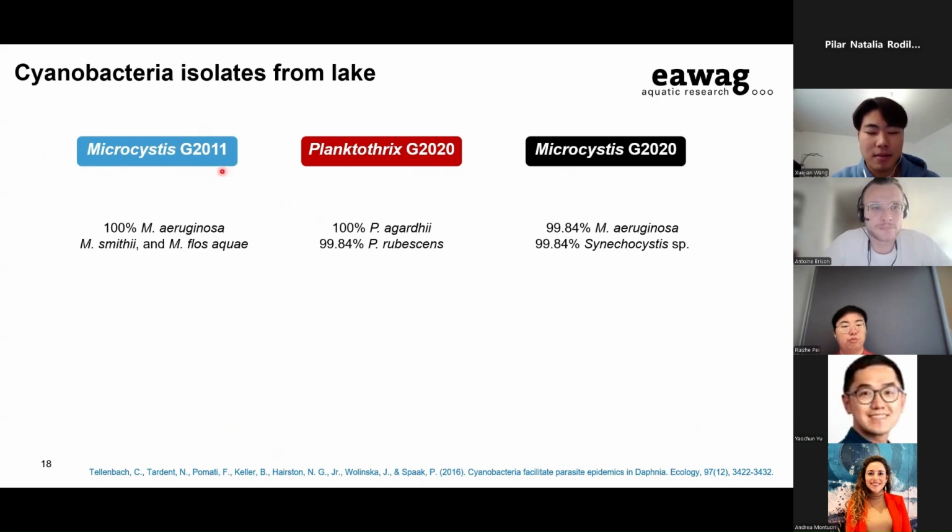By microscopic check and the 16S rRNA sequencing result, 2 of them I confirmed as Microcystis, and 1 is Planktothrix. Since we have them isolated, we have their cultures in the lab, so I could measure what types of metabolites they produce and see whether the metabolites they produce we could also find in the lake.